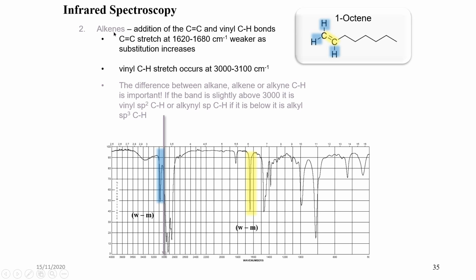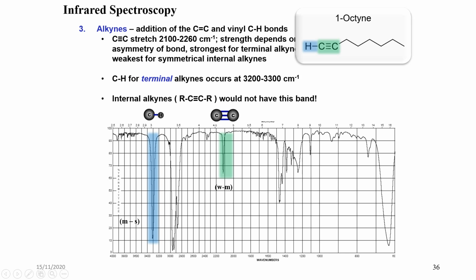In case of alkenes, the C double bond C stretching band occurs around 1620 to 1680 and the CH bond around 3000. Similarly, in case of alkynes, the C triple bond C bond occurs around 2100 to 2260 per centimeter.